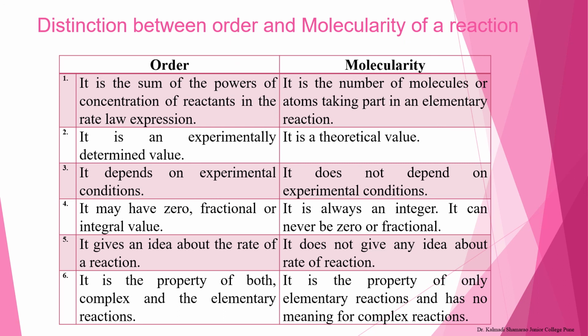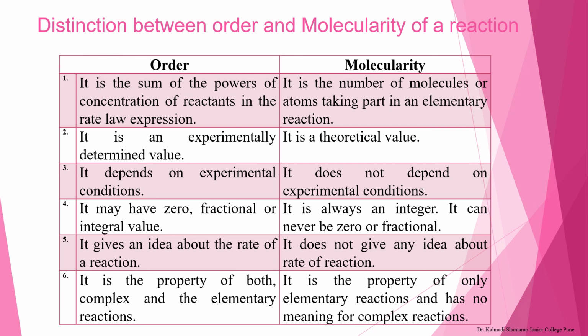First, order is the sum of the powers of concentration of reactants in the rate law expression, whereas molecularity is the number of molecules or atoms taking part in an elementary reaction. Secondly, order is an experimentally determined value, whereas molecularity is a theoretical value. Thirdly, order depends on experimental condition. Molecularity does not depend on experimental condition.